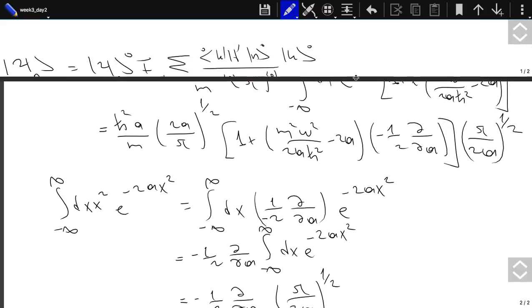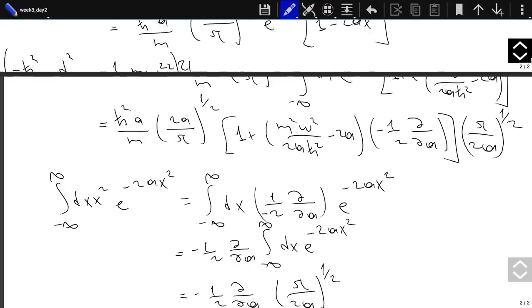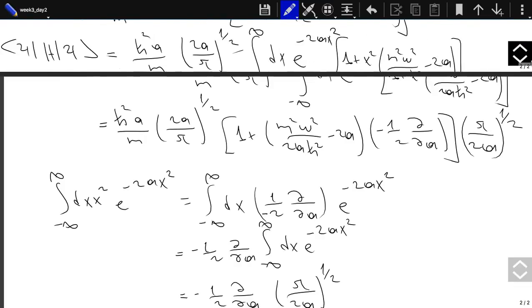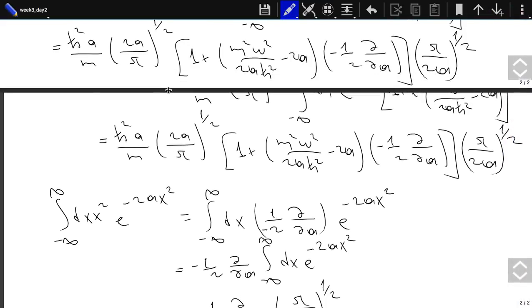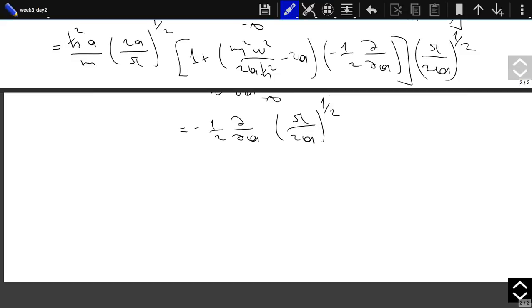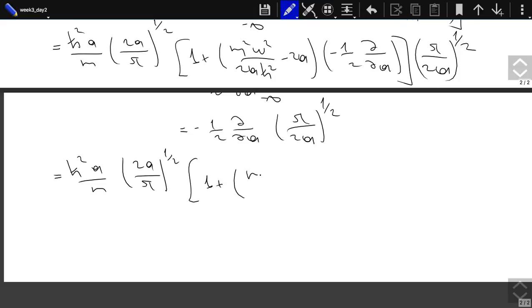So now let's continue. So this is our result. This here. Now we need to take the derivative, simplify it. h bar squared a over m, 2a over pi square root, 1 plus m omega squared over 2a h bar squared minus 2a minus 1 over 2 m squared.